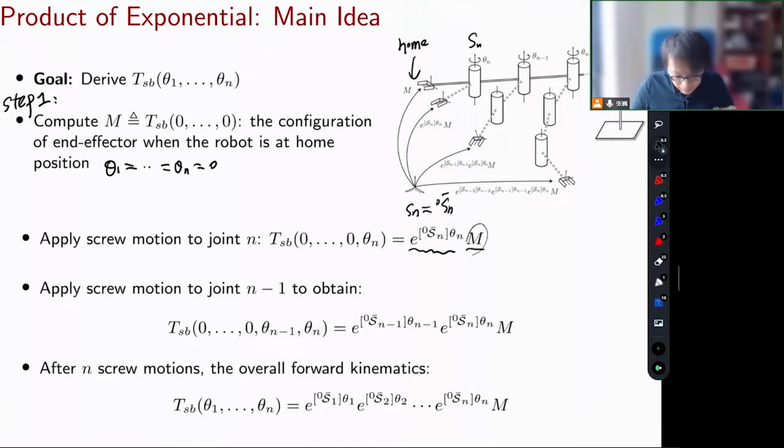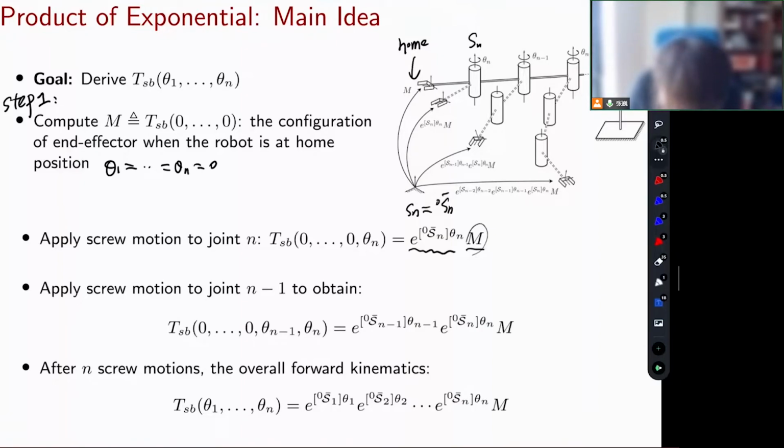Because theta 1 to theta n minus 1 equal 0, that means the SE3 is the identity. Yes, in this case you're right.